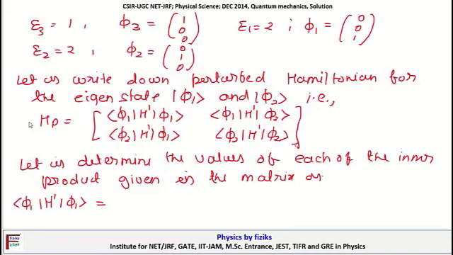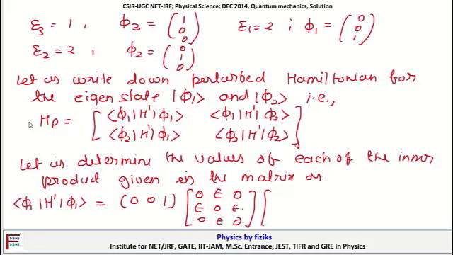So phi1 would be 0, 0, 1, H dash is the matrix 0, epsilon, 0, epsilon, 0, 0, 0, 0, 0, into 0, 0, 1, resulting in 0, 0, 1 times 0, 0, 0, which equals 0.